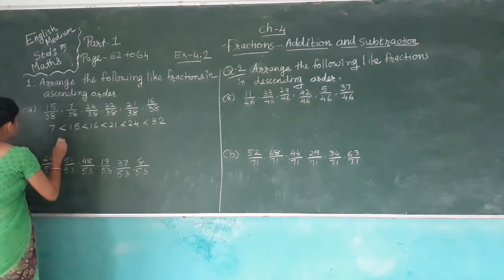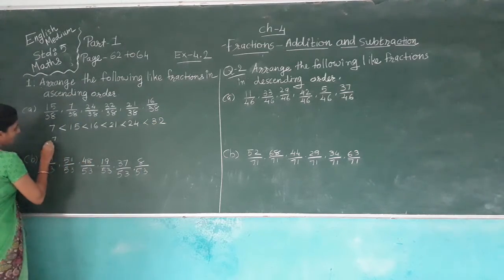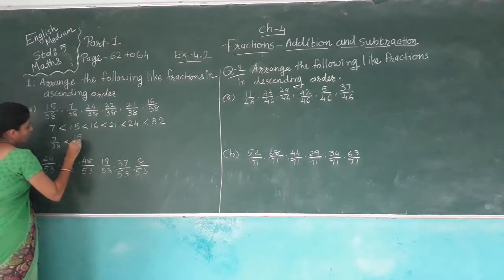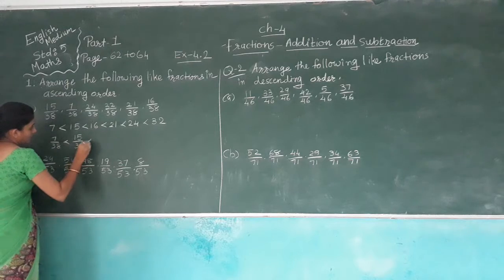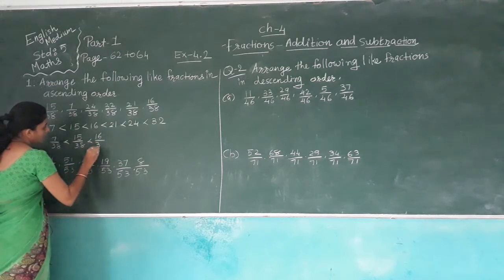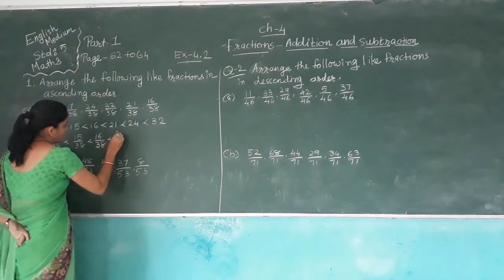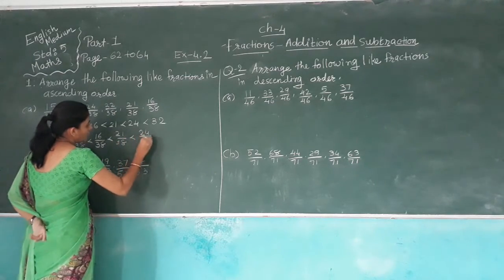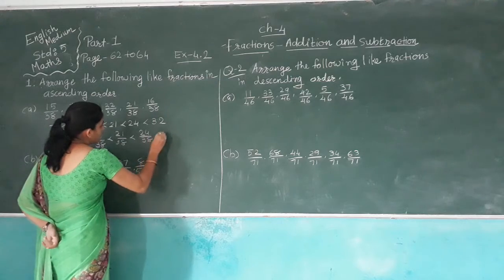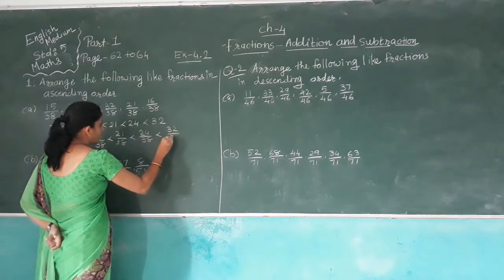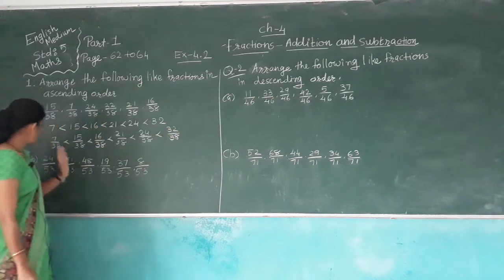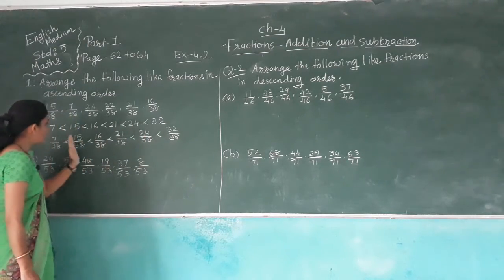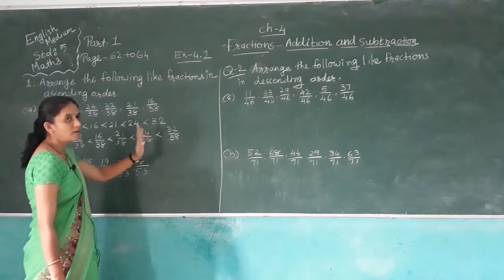Now write with the denominator. 7 out of 38 less than 15 out of 38 less than 16 out of 38 less than 21 out of 38 less than 24 out of 38 less than 32 out of 38. So we arrange the numbers from smaller to bigger.